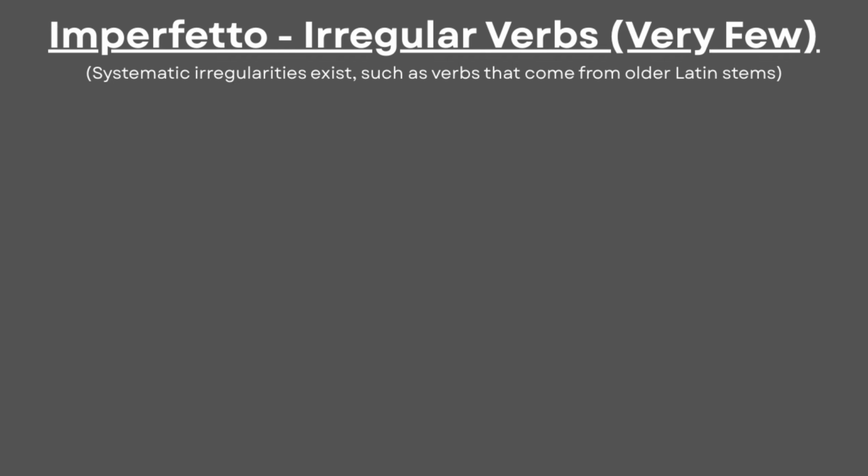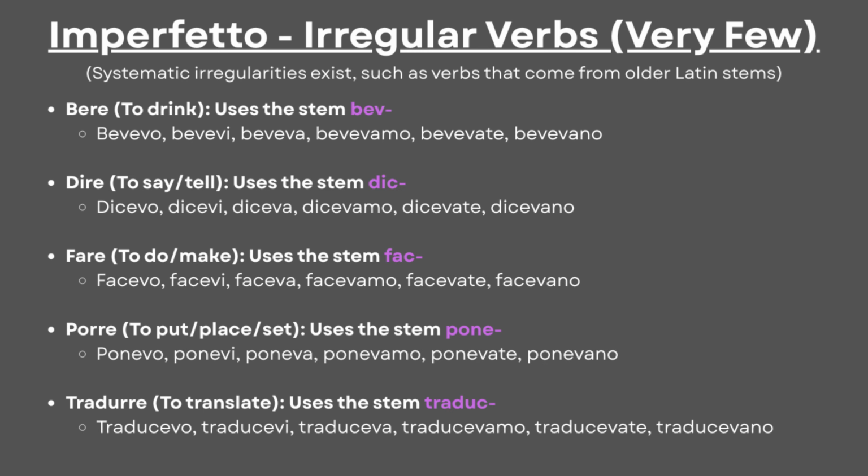However, a few systematic irregularities exist, such as verbs that come from older Latin stems. When covering these verbs, it's not necessary to say them because they mainly share similar patterns, like the verbs bere, dire, fare, porre, tradurre.